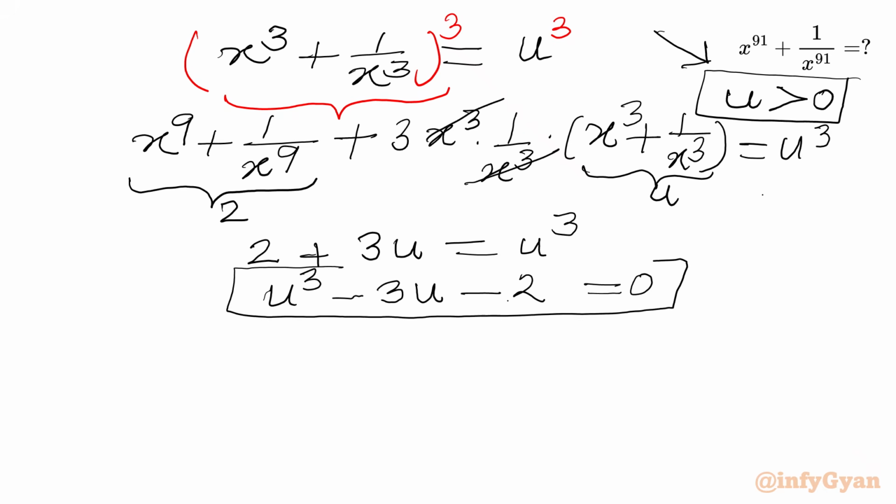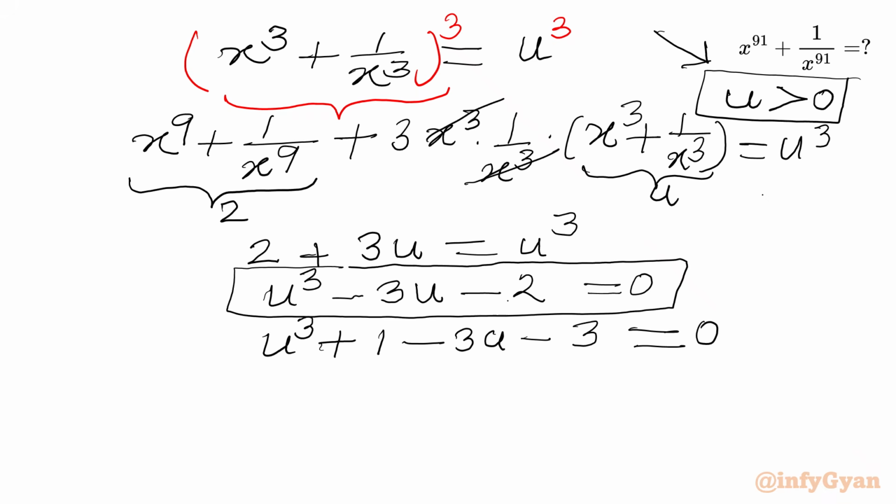I will use the method of factorization over here. So I will write u cube minus 2 can be written as minus 3 plus 1. So I am writing here u cube plus 1 minus 3u minus 3. 1 minus 3 is minus 2 equal to 0. Now here we can use the a cube plus b cube formula.